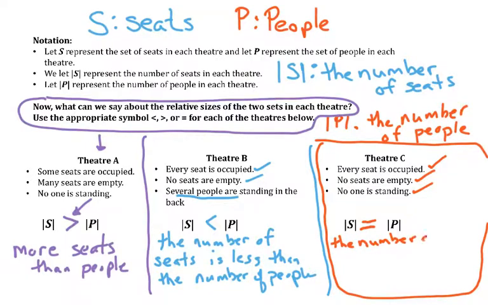The number of seats equals the number of people.